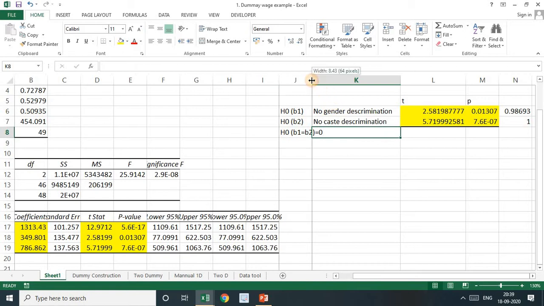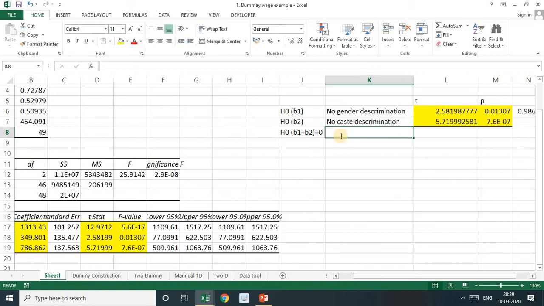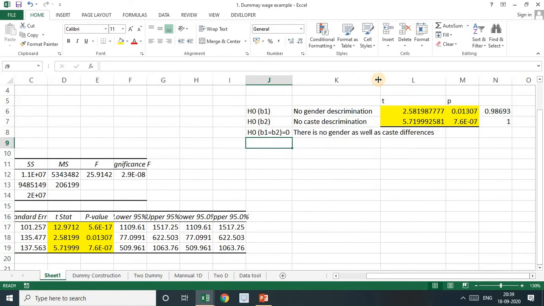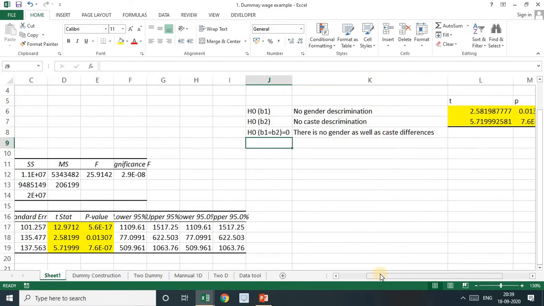That means there is no gender as well as no caste difference. So we are simultaneously checking whether these two coefficients are significant.